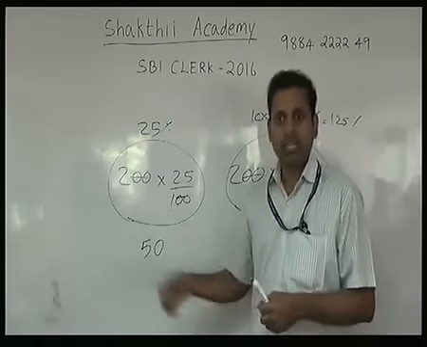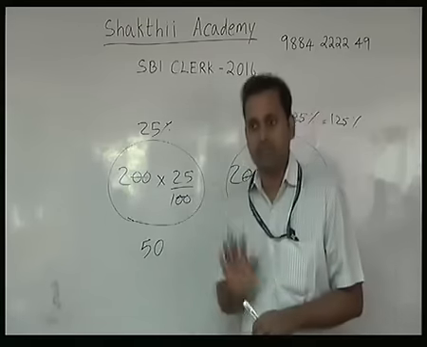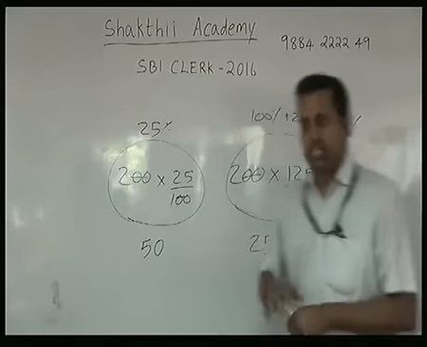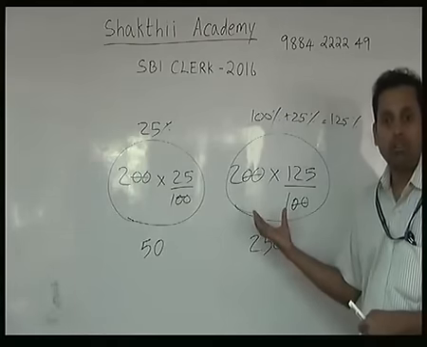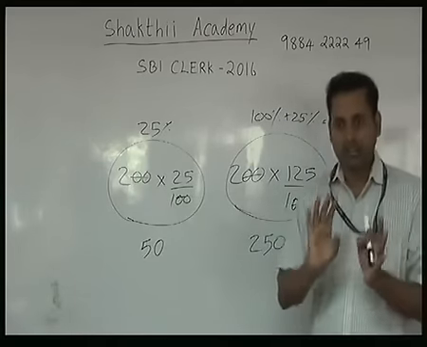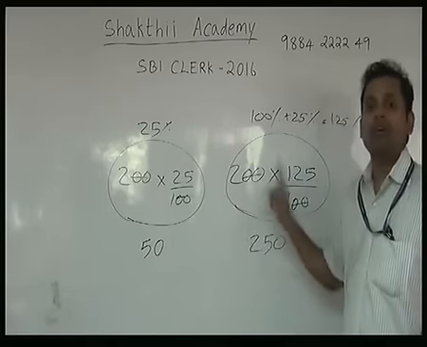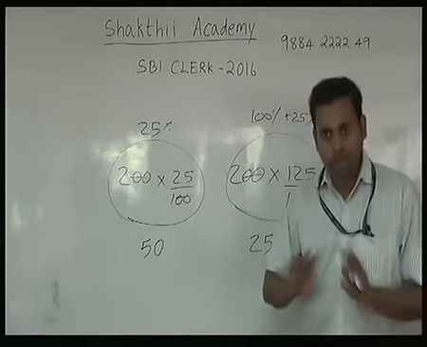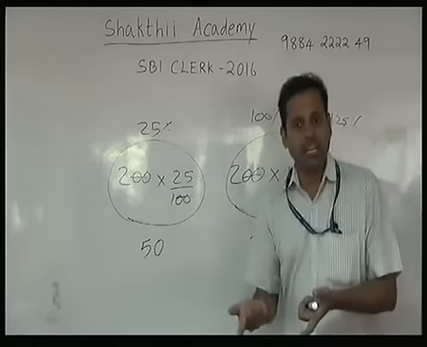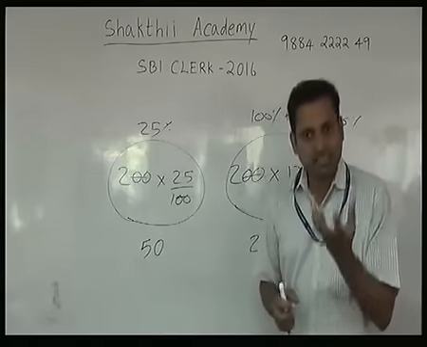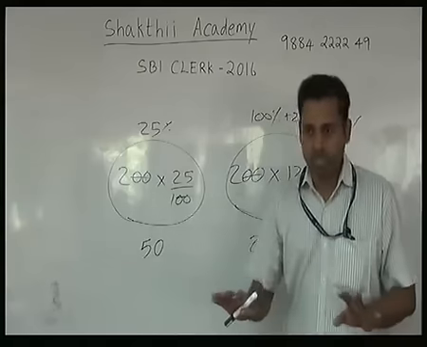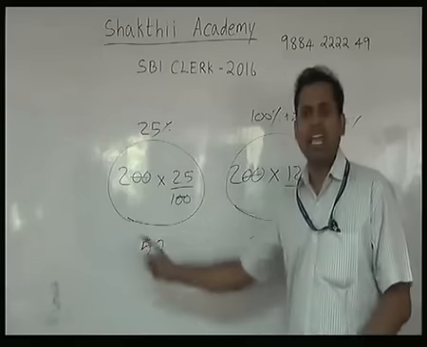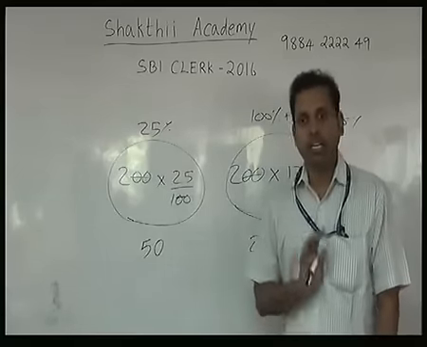Suppose the ratio is 5, then I will write 5 into 125%. You don't have to bother about which value you are calculating the percentage for, whether it is a value or a ratio. Simply do the same method and you will get the answer.